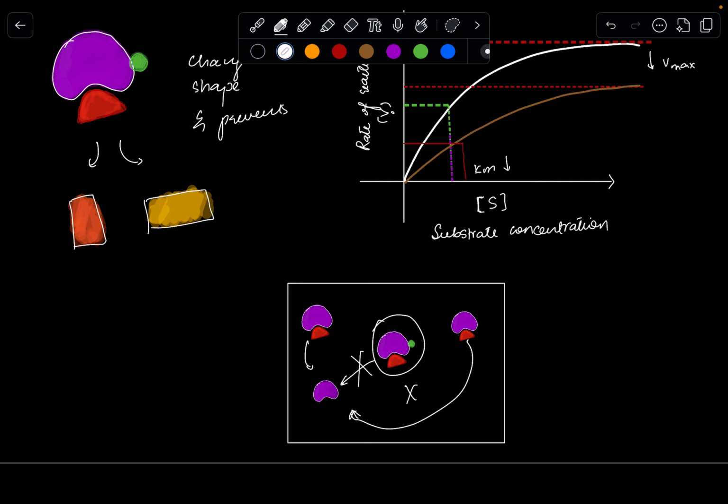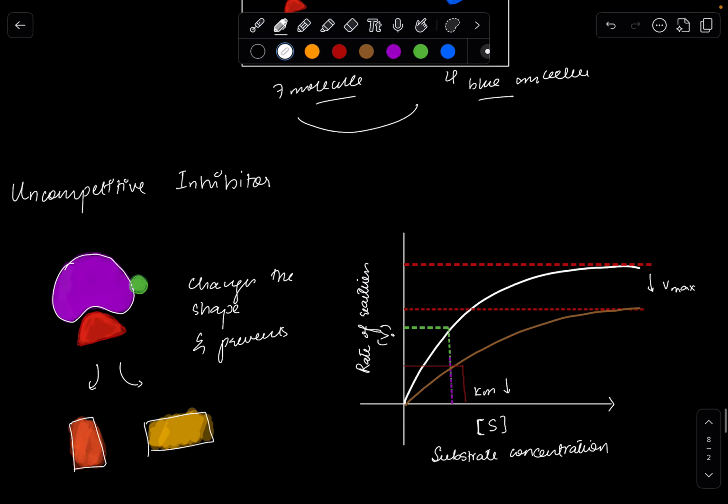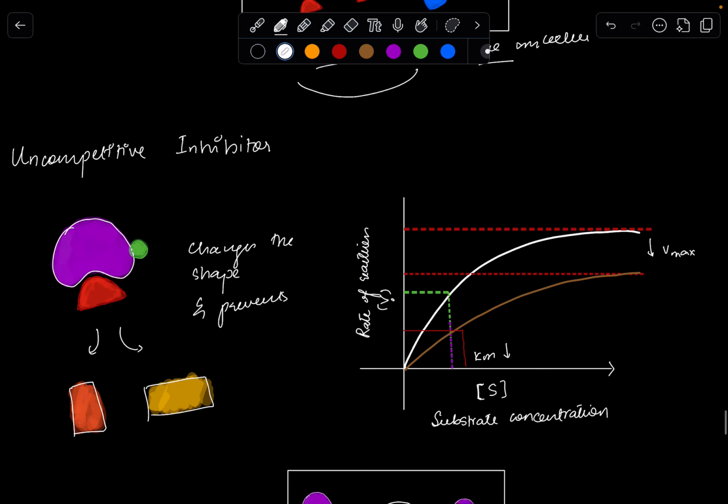But my Km, which is the call number at 25 people working, also has to be lower, because I have fewer enzymes in the system. Go back to collision theory. So this is what uncompetitive inhibitors do. If both the Km and Vmax decrease, that's uncompetitive inhibition.